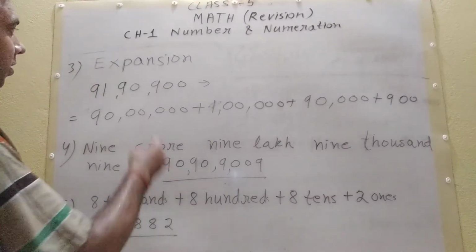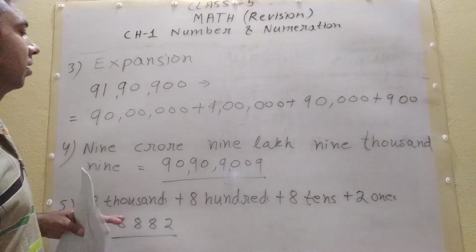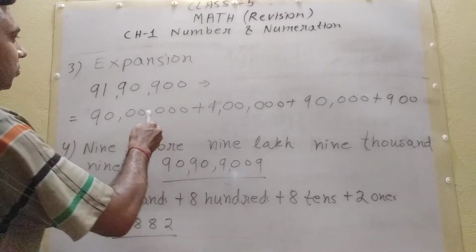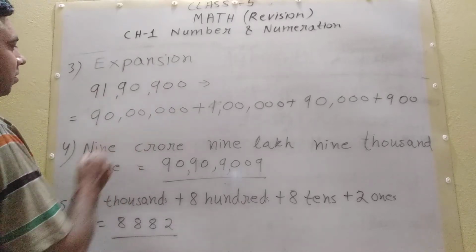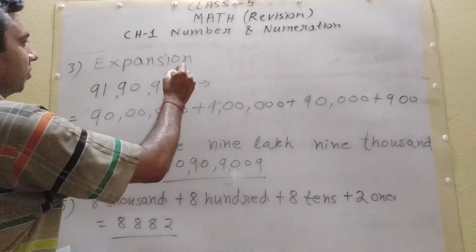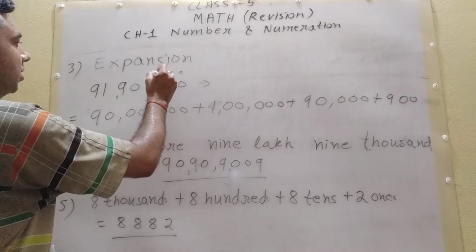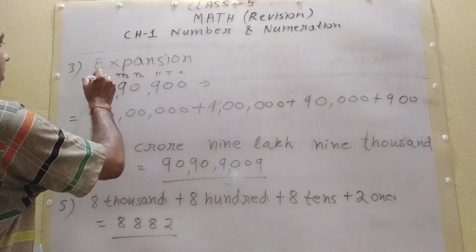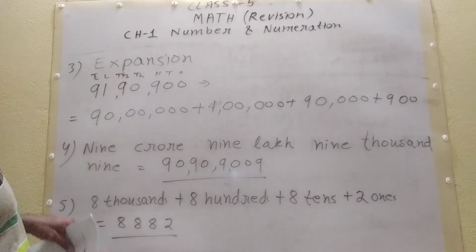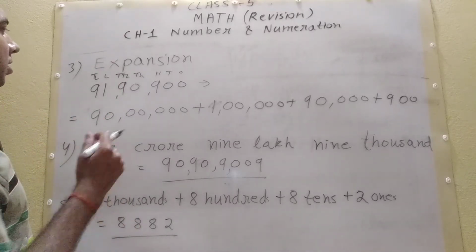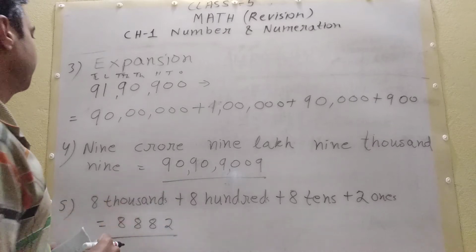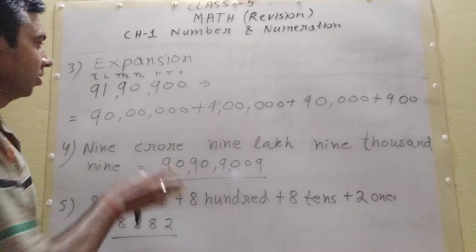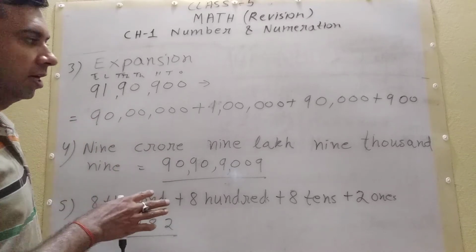So student, if a number is given and it is asked that you have to expand it, how will you expand? So I have written one number. Let's see, ones, tens, 100, 1000, 10,000, lakh, 10 lakh, 91 lakh, 90,900. How can we expand?